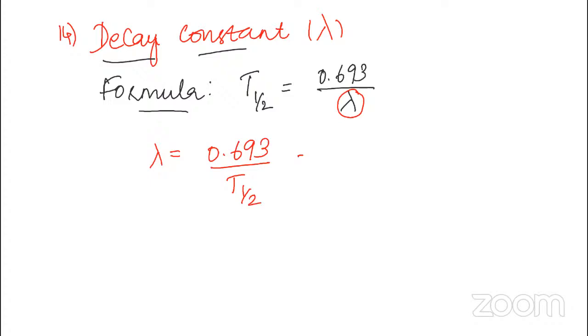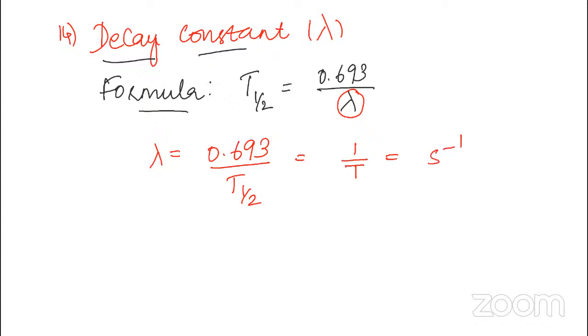Here T, which is nothing but time, so it is 1 by T. Now writing the SI unit, that is s power minus 1.